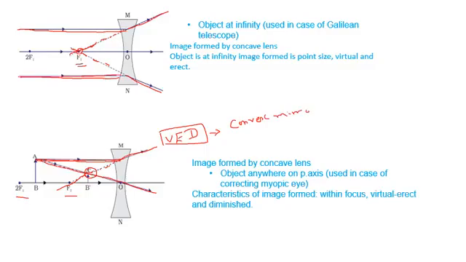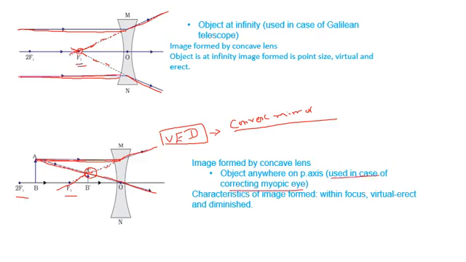So if you see, the images of a concave mirror are quite similar to those of a convex lens, and the images of a convex mirror are quite similar to the images of a concave lens. Here we can see the image formed by the concave lens. Object anywhere on the principal axis, used in case of correcting myopic eyes.